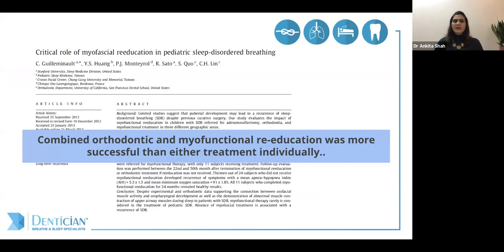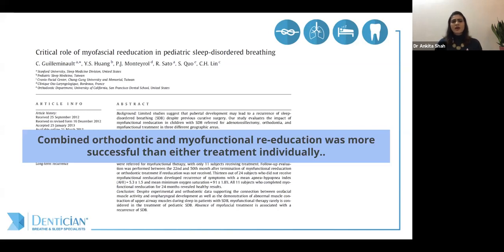So this was another paper where they studied 24 children. Now, out of these 24 children, 11 of them underwent myofunctional therapy. 13 of them didn't undergo the therapy. Those who underwent the myofunctional therapy, as well as an adenotonsillectomy and orthodontics, had an improvement in their AHI.